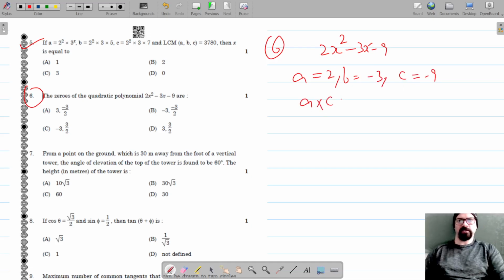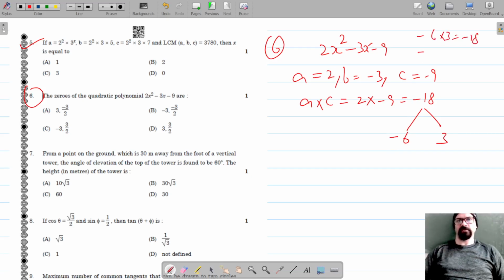If I multiply A with C, 2 into minus 9 is equal to minus 18. So getting the factors of minus 18, these are minus 6 and 3, so minus 6 into 3 is minus 18, and minus 6 plus 3 will give me minus 3, which is the middle term.